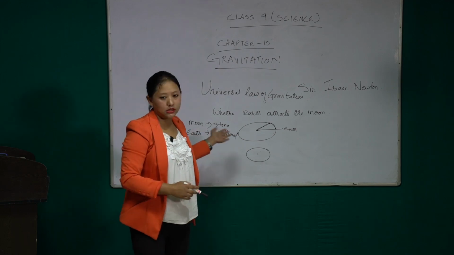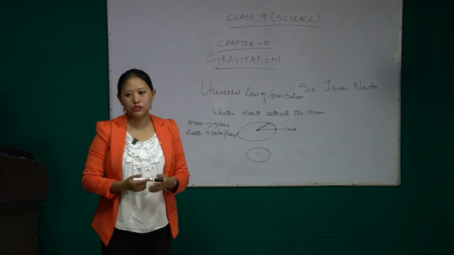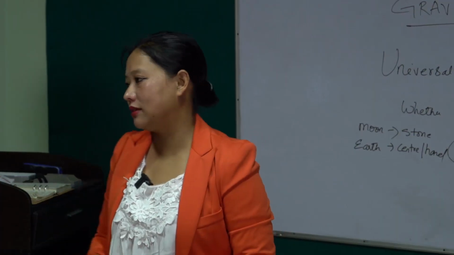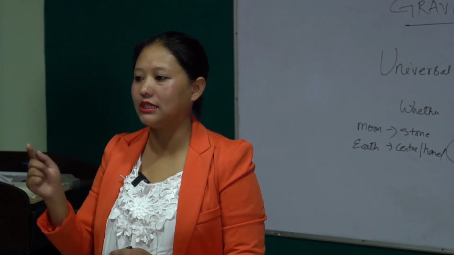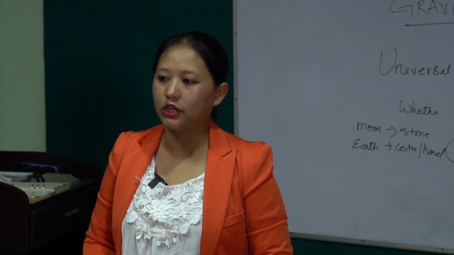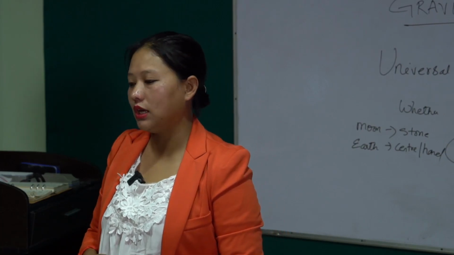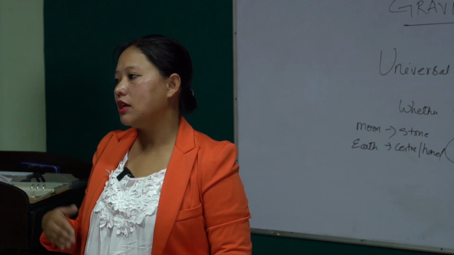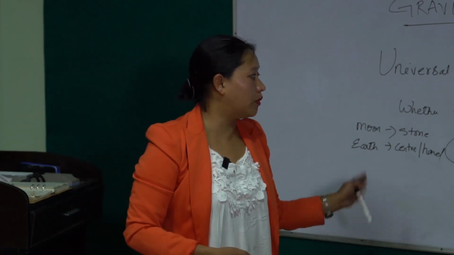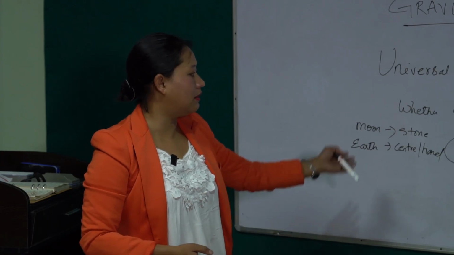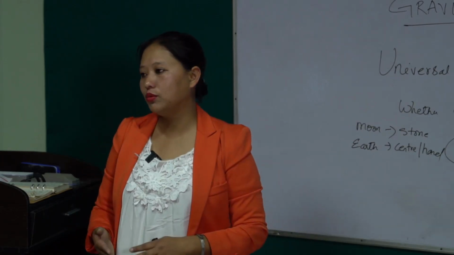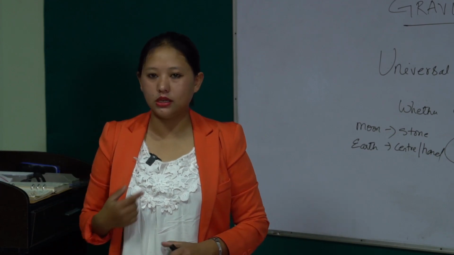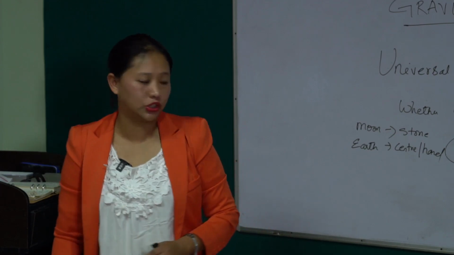It is because of the centripetal force that the moon is being attracted at every point, and because of which the moon is revolving in a circular motion. Otherwise, the moon would have taken a straight line path. So from this we understand that the Earth attracts the moon because of a centripetal force, and that is why the moon is revolving in a circular motion.